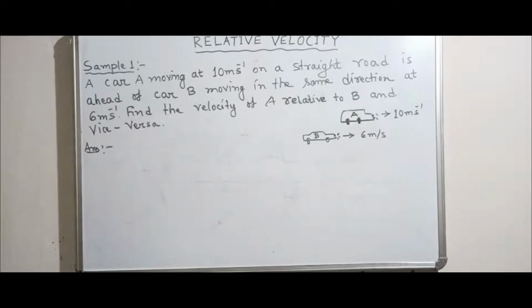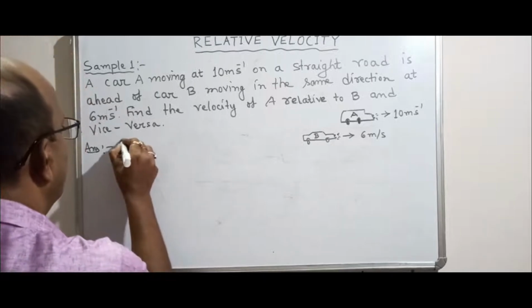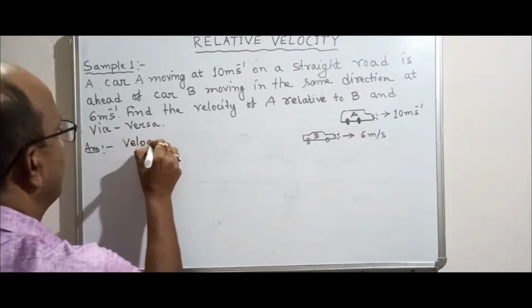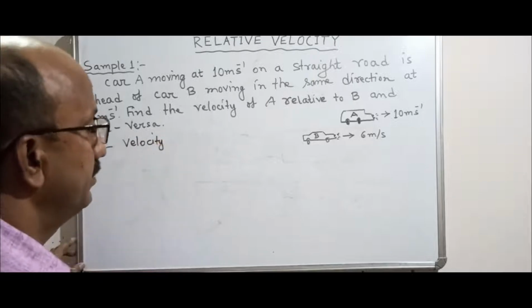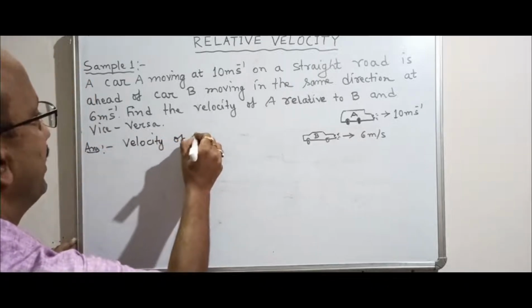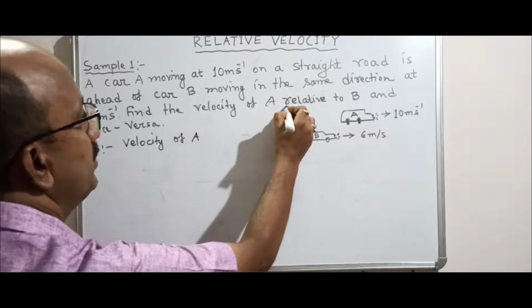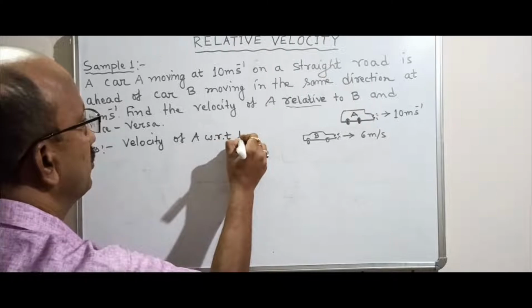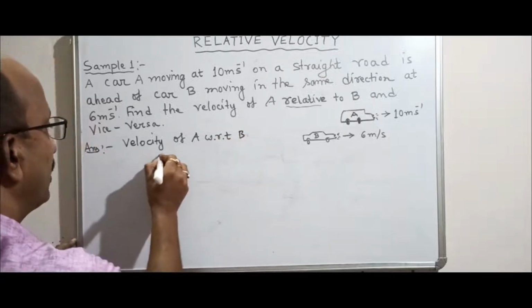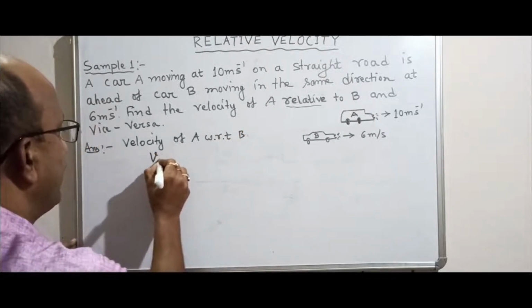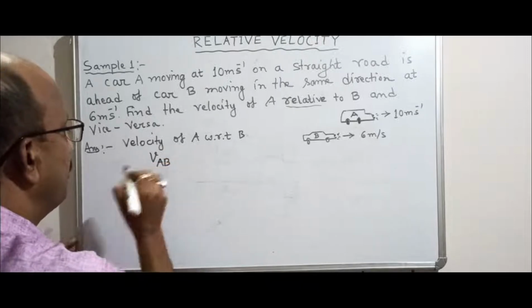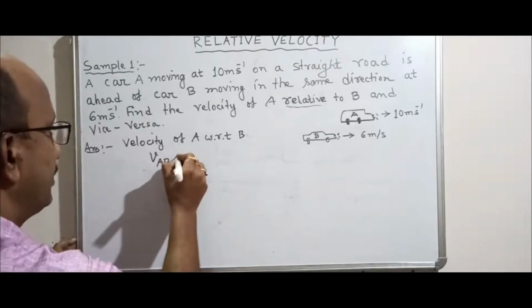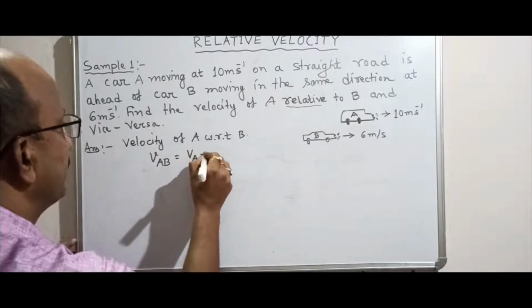So first we are going to find what is the velocity of A relative to B. So we write velocity of A relative to B. Relative we don't write, we write with respect to B. If you remember the formula, we write like this: velocity of A with respect to B equals to VA minus VB.